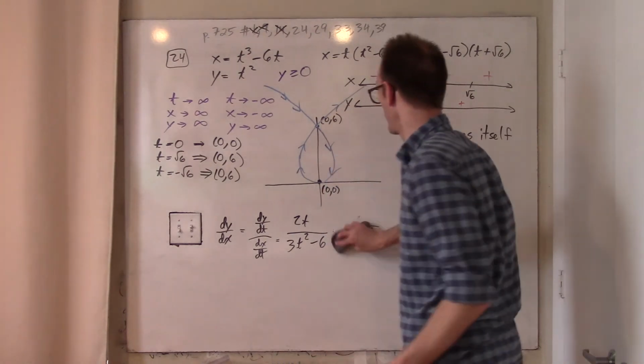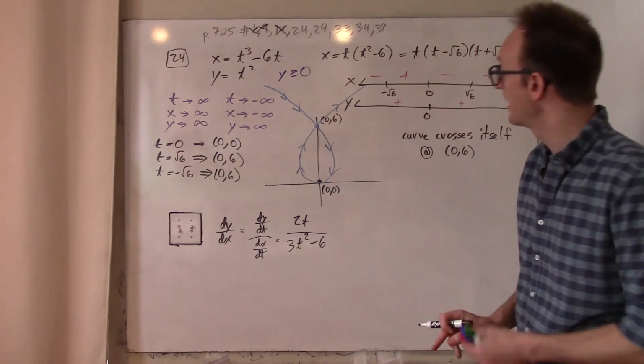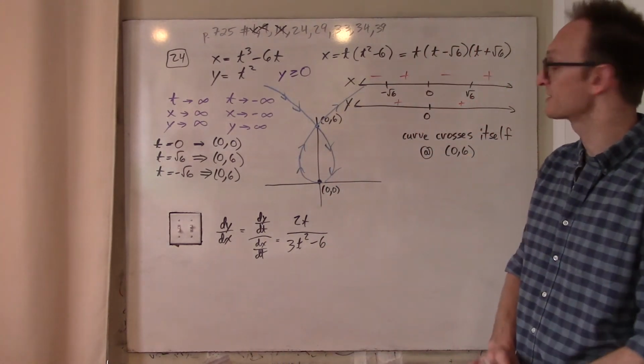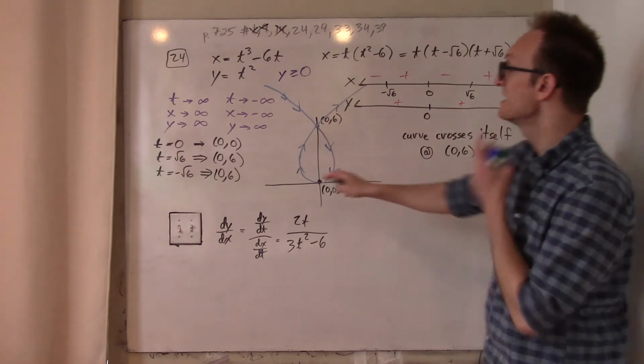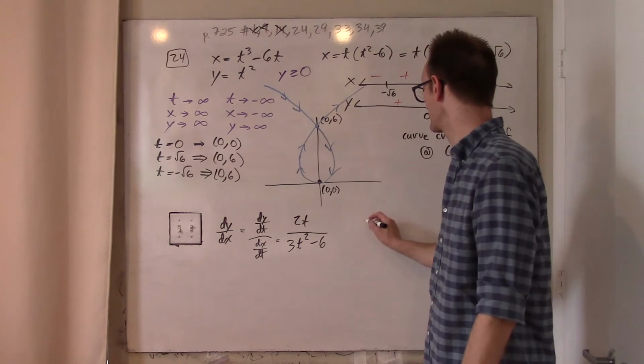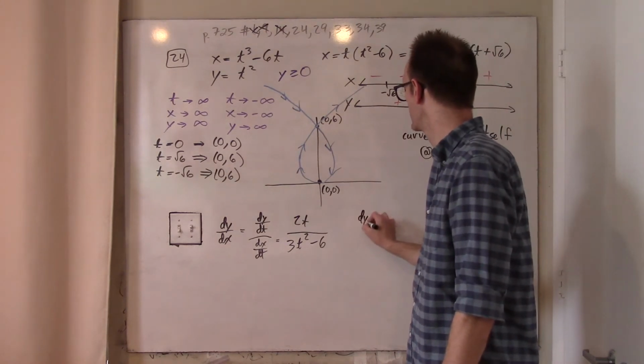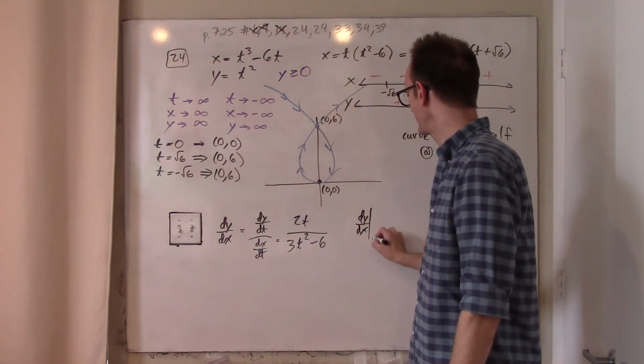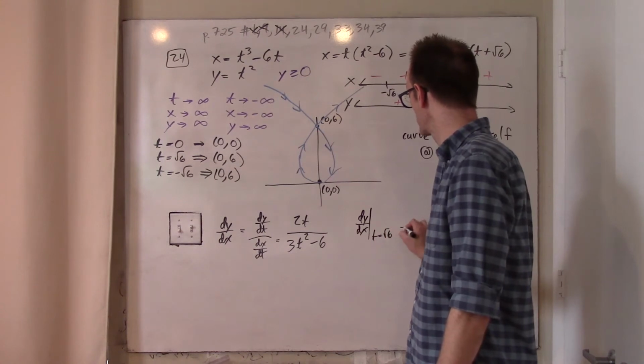Because that's my formula, because what was my goal? My goal was to find the slopes of the tangent lines at specifically these points, because those are the points I care about. Okay, so let's do it. What is dy/dx specifically at t equals root 6?